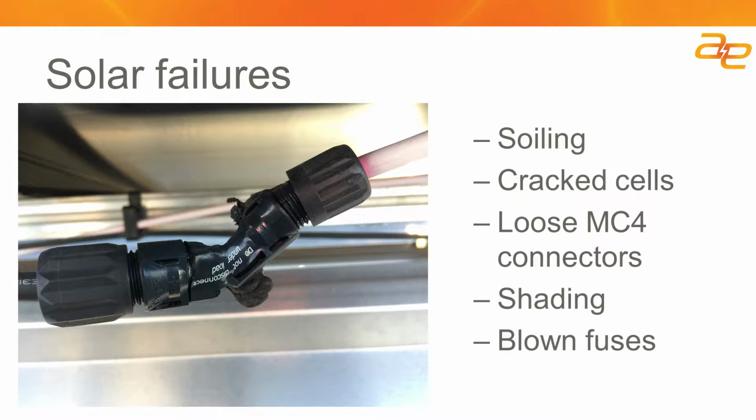It might be consistent soiling over a good chunk of the site. This happens in North Carolina quite a bit in the spring. If a farmer's out next door turning a field, getting ready for planting, you get a whole lot of dust blowing across the site.